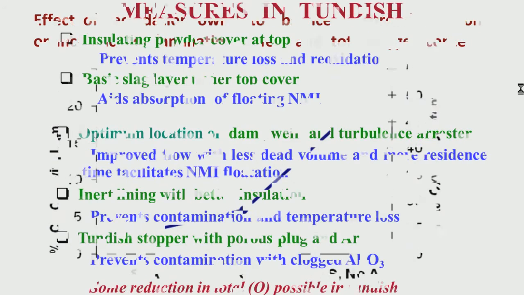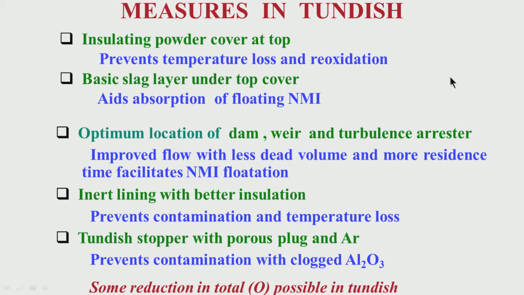Now I will indicate one by one what are the issues, whatever I have told. The insulating powder cover at top, I have mentioned rice husk type of material is used, prevents temperature loss and reoxidation, this is the purpose. Then the basic slag layer under the top cover aids absorption of floating NMI, alumina, such type of entrapments.